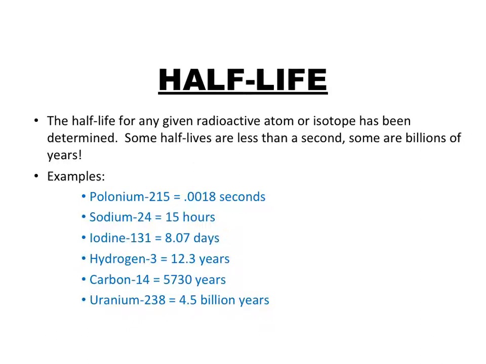It's really interesting because based on different element properties, some half-lives are less than a second and some are billions of years. So there are some that last longer, which can be more harmful to us, and some that are really quick and are not as harmful to us because they don't last as long in our bodies.